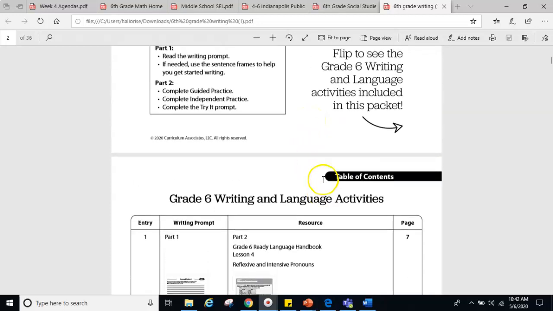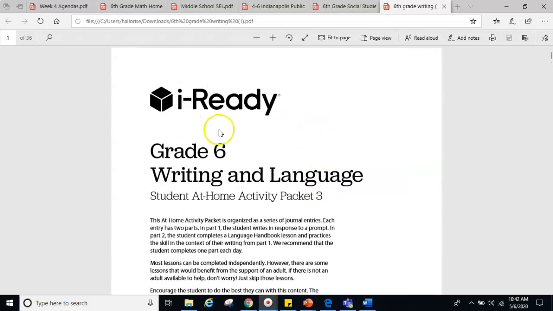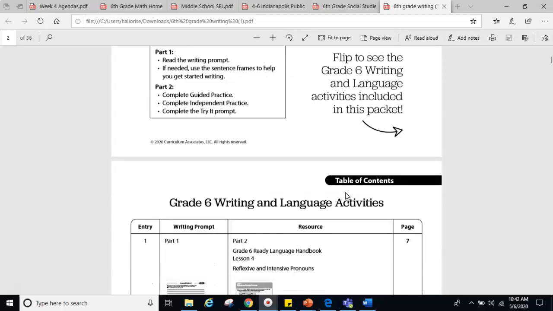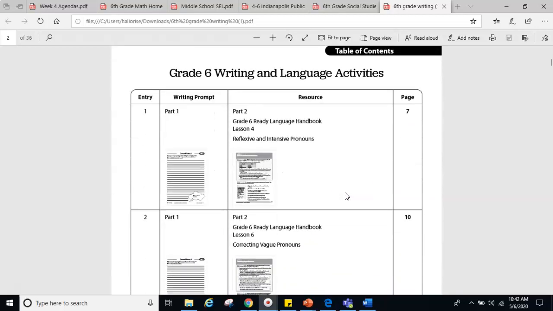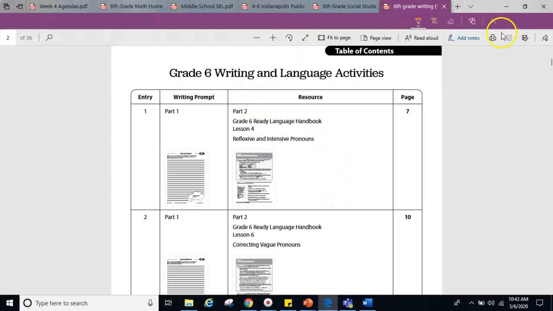All right, 6th graders, you got this packet already, grade 6, writing and language. Your student at home activity packet 3 for this week. This week only, you are going to be doing part 1, entry 1, part 1, part 2.